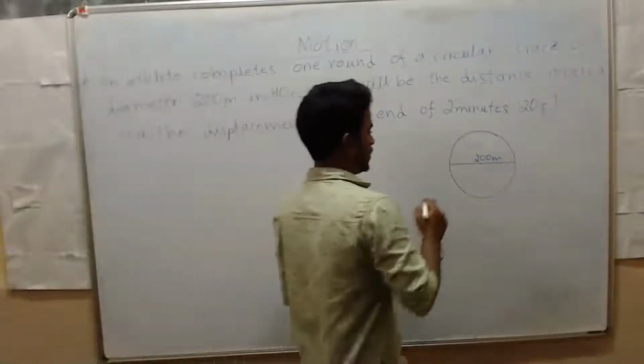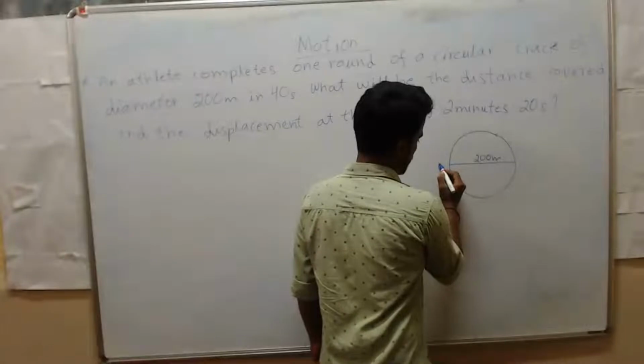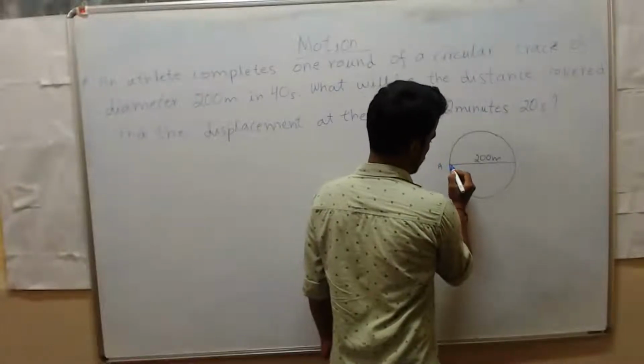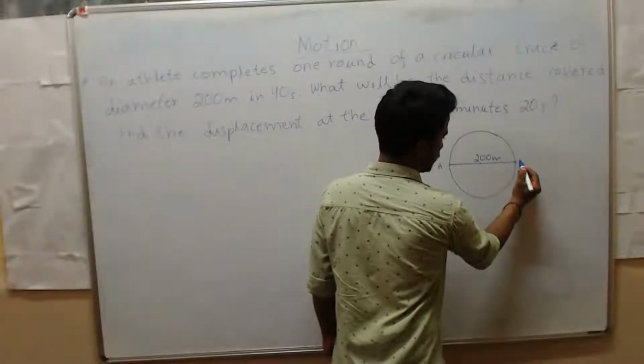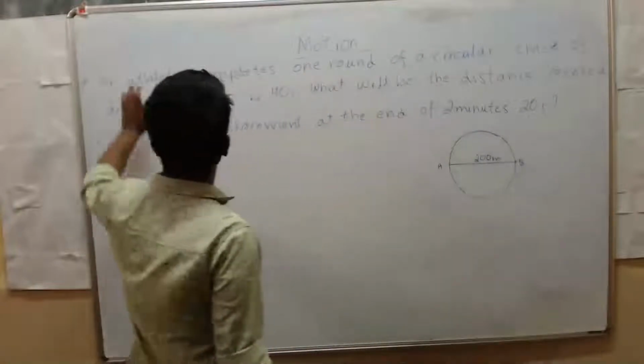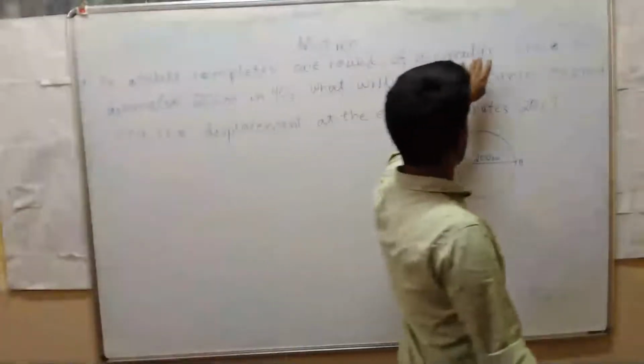So just imagine that the athlete will start his journey at A. This point is A and this point is B. An athlete completes one round of a circular track.